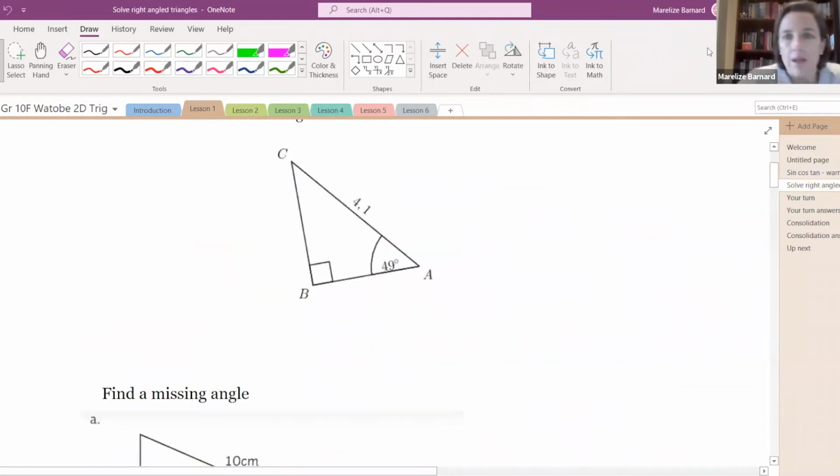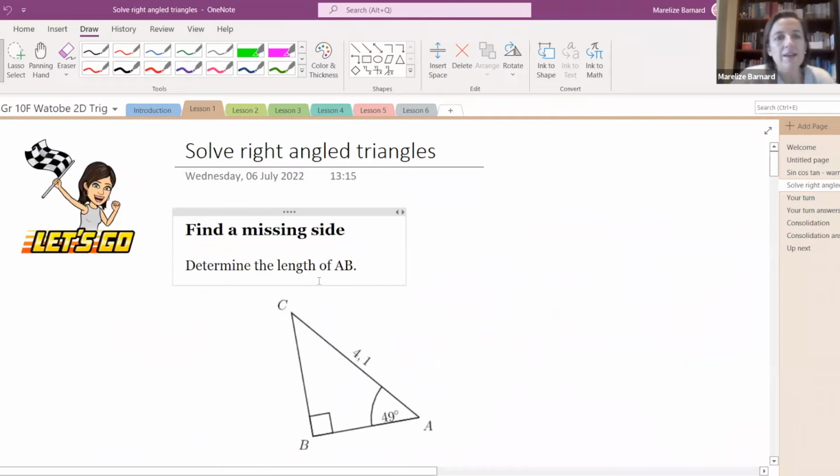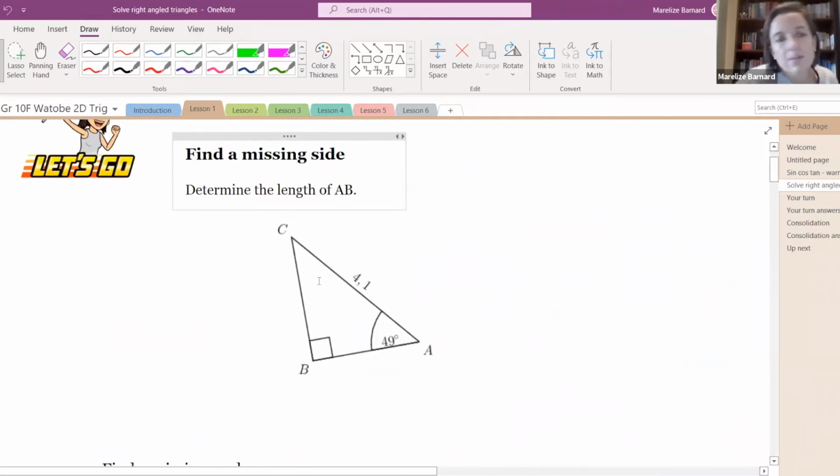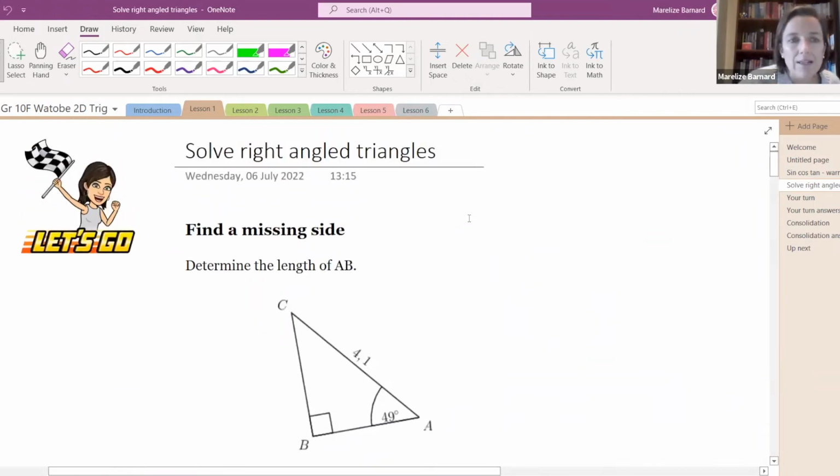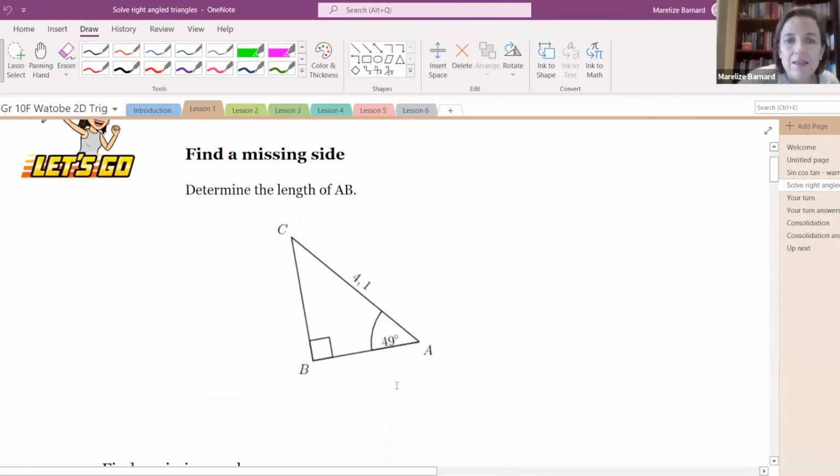Okay. Right, everybody. So let's move on. This is also something you would have done last term already when you did trigonometry. Can anyone either put it in the chat or put your hand up if you know, how will we go about finding in this triangle the length of AB?